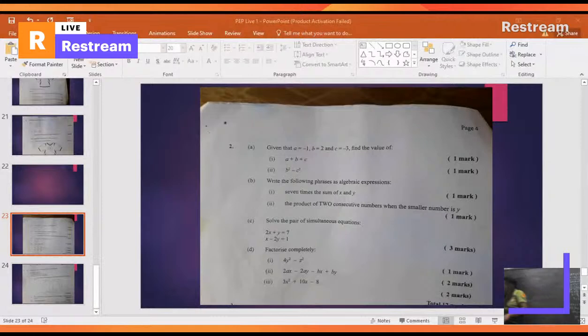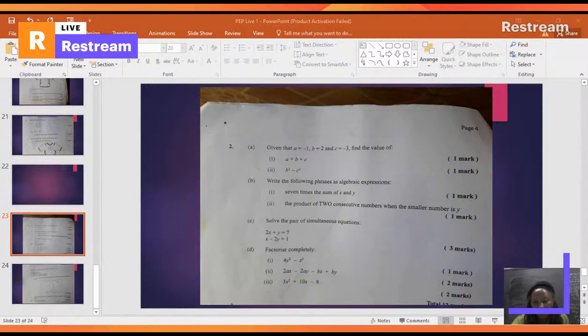All right, so we have a pair of simultaneous equations, and then we have 3 equations that we need to factorize.